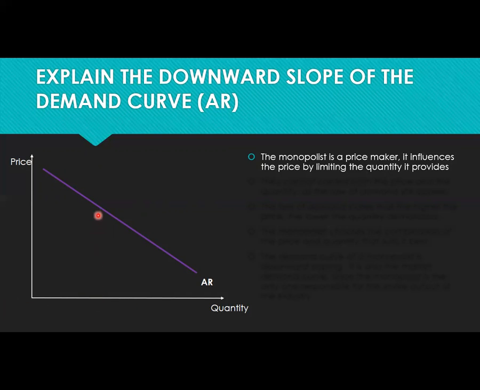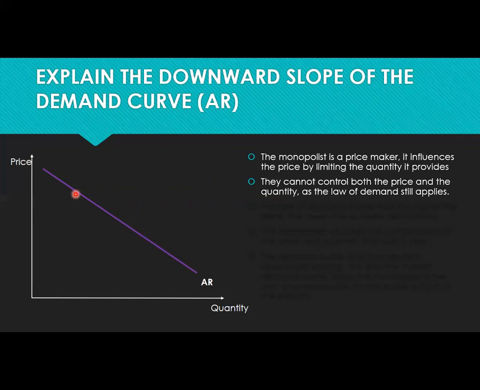If I produce a few products, I can charge a higher price than, for example, producing a few at a lower price, or a lot at a lower price. So the monopolist looks at the quantity and then they decide to produce at a lower quantity so that they can charge a higher price.